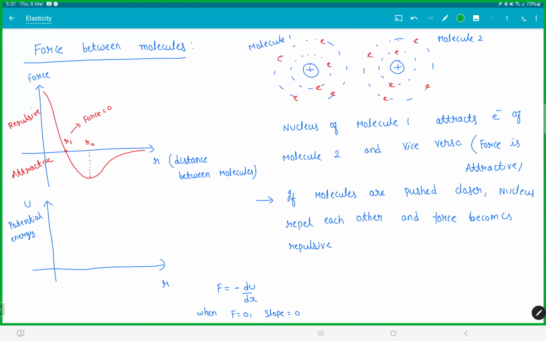So this graph would look like this. At this point you should get a minima, and this would be R1.